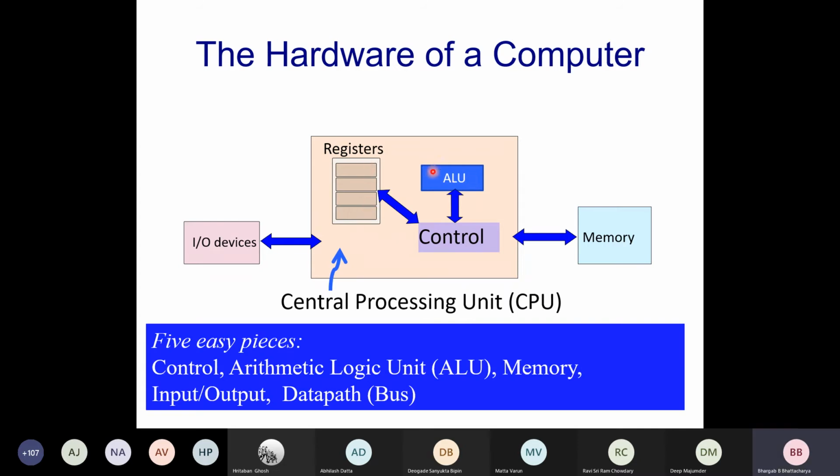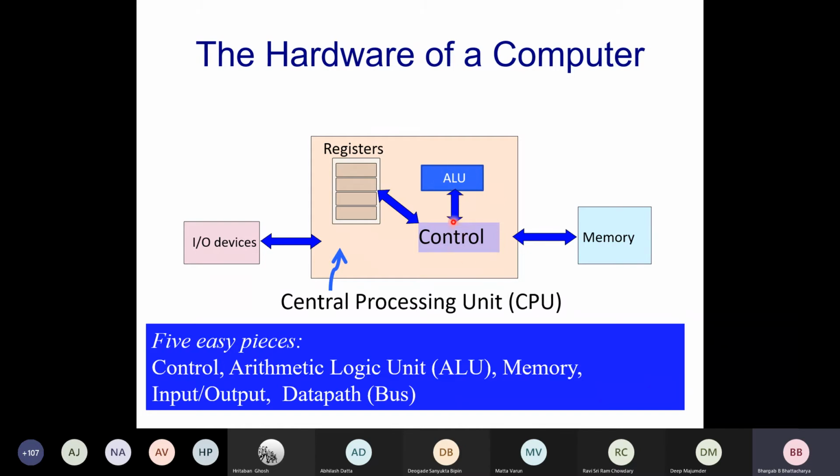You need an arithmetic logic unit to perform arithmetic, because all computation reduces to arithmetic operations finally. Isn't it so? Any computation finally reduces to arithmetic operations: addition, subtraction, multiplication, division, nothing else.